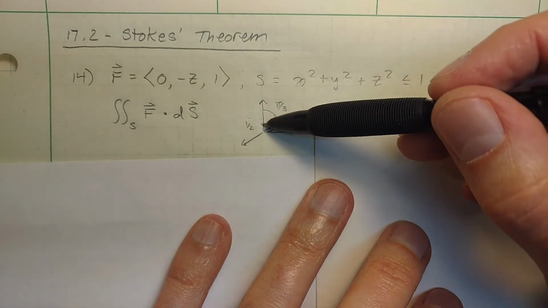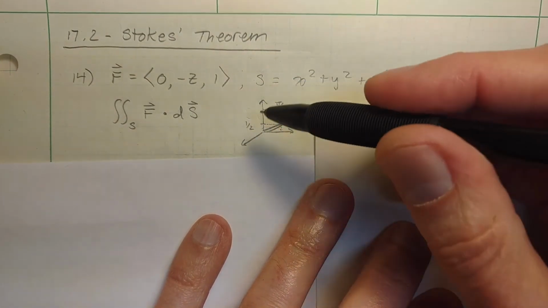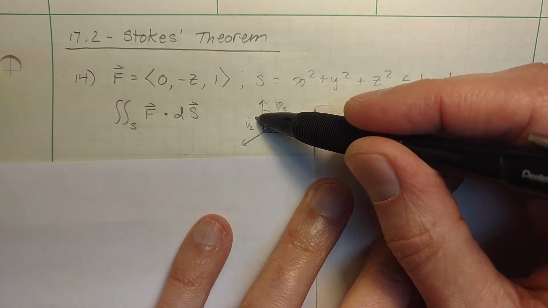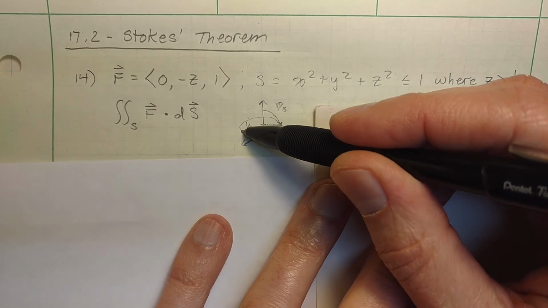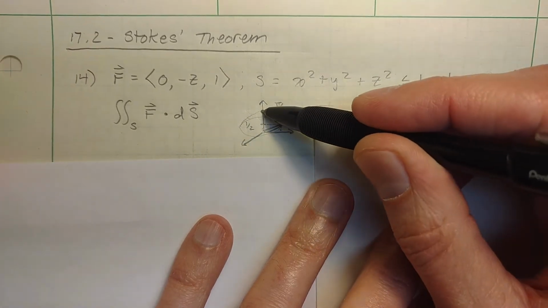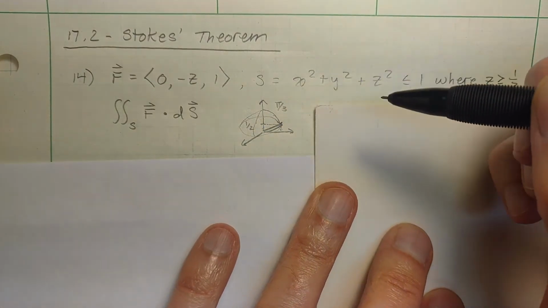Notice I've drawn this in here. This would be the z axis, and I'll try to sketch in the entire cap piece as it comes down and goes around.